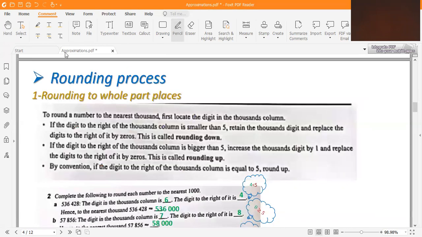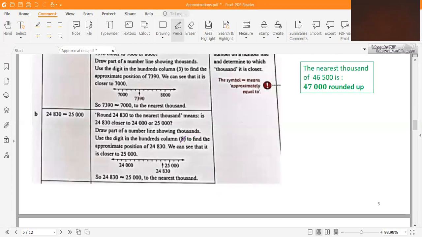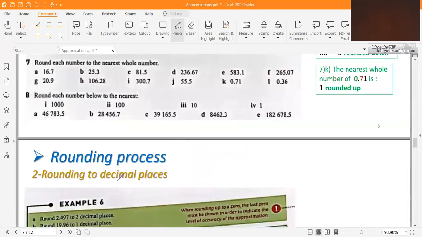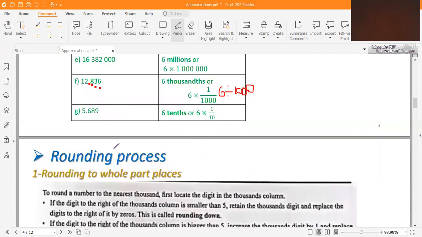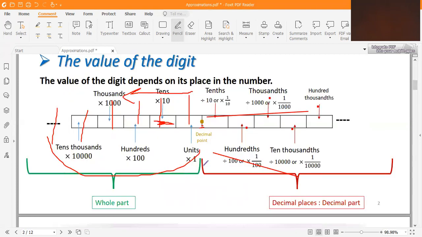In the rounding process, if they ask us to round a given number, we have to round to whole part places or to decimal places. What do we mean by rounding to whole part places? The whole part places are located on the left of the decimal point.